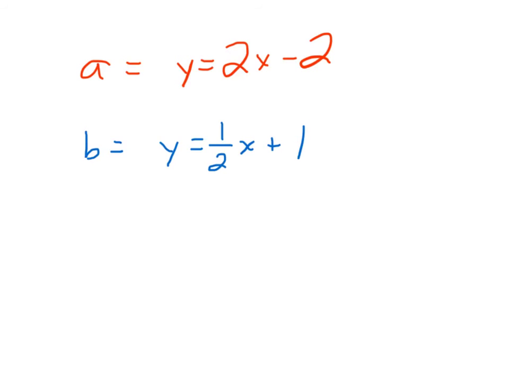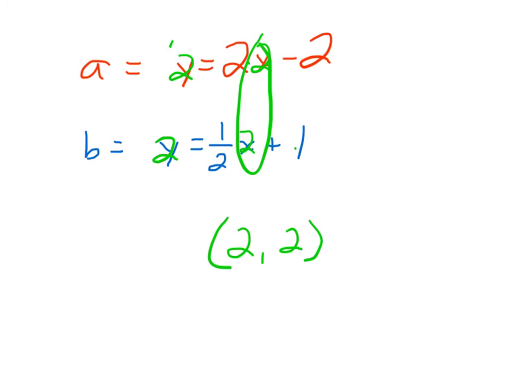And we see on the graph that they intersect at 2, 2, or 2 for x and 2 for y. If we want to prove that, we could put a 2 in here. Half of 2 is 1. 1 plus 1 would be 2 up here. 2 times 2 would be 4. 4 minus 2 is 2. So 2, 2, that's where they cross. That's the one point that they both have in common.